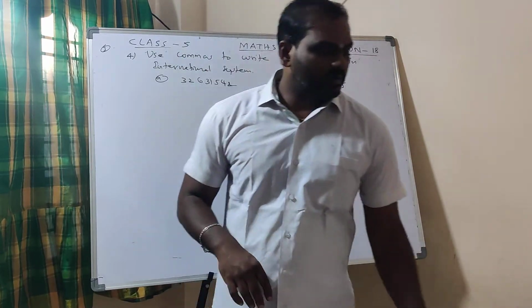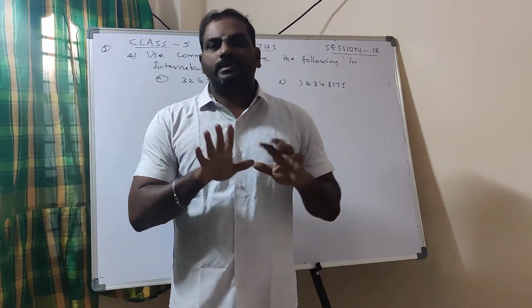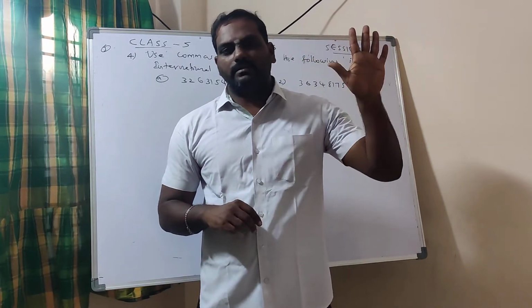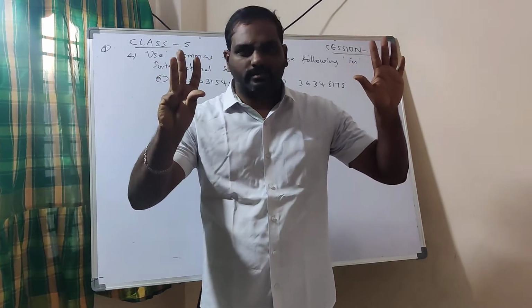Before going to that, there are two types of systems. With the fingers, I will show you how to write. First, in the Indian system: units, tens, hundreds, 1000, 10,000, lakhs, 10 lakhs, crores, 10 crores.